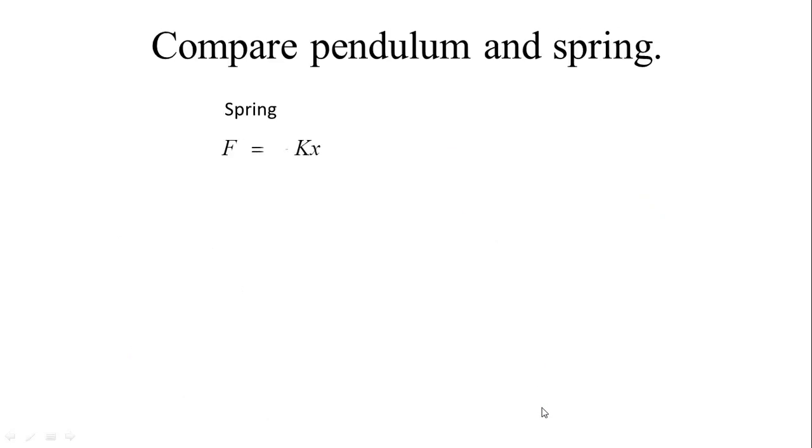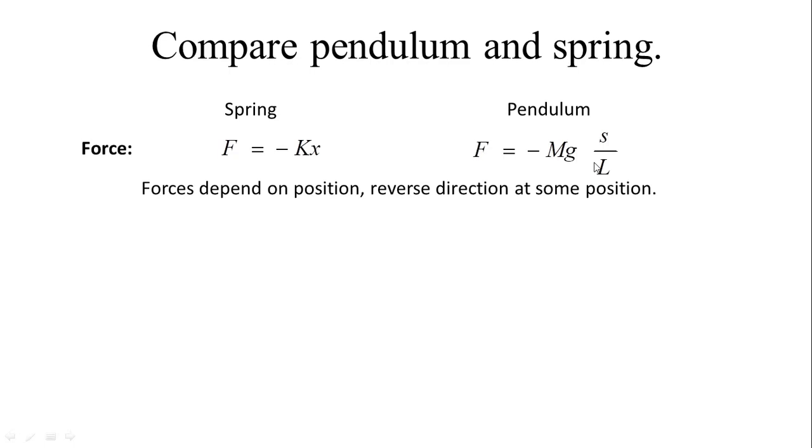Comparing the spring constant and the pendulum: force is F is equal to minus kx in a spring system, but in the pendulum system, F is equal to minus mg s over L. This is for the pendulum. Now the force depends upon the position and reverses direction at the same position.